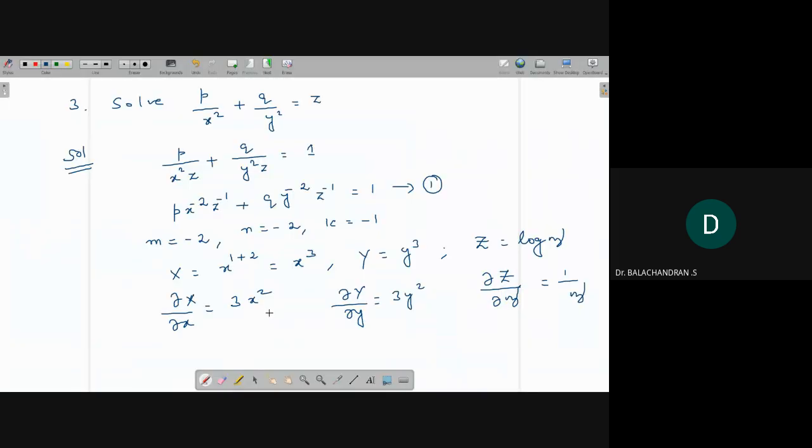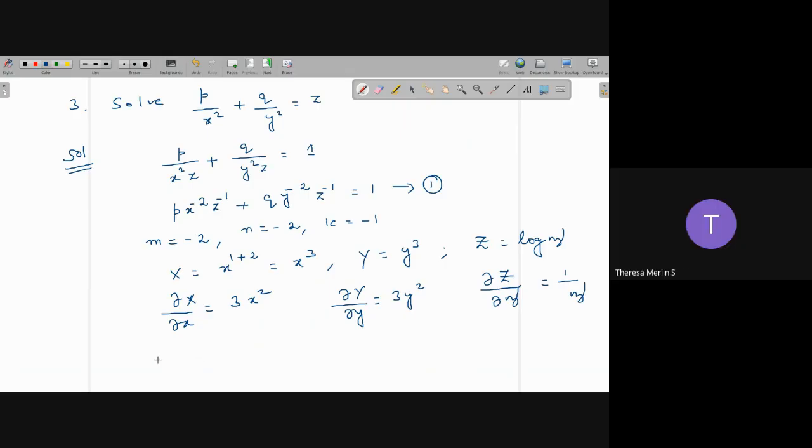Now, what do we need to write next? We should write the partial derivatives. Capital P is equal to small p, dou z by dou x, is equal to dou z by dou capital Z into dou capital Z by dou capital X into dou capital X by dou small x.